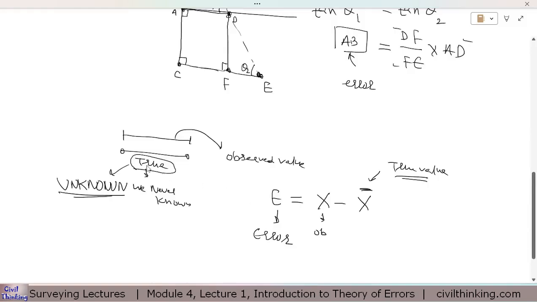From here, what you measure, the observed value, is x, and the true value is x bar. So the distance between two points, for example AB, measured using tape or chain is x, and x bar is the true distance between A and B.